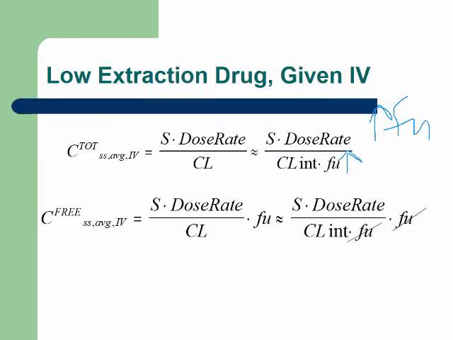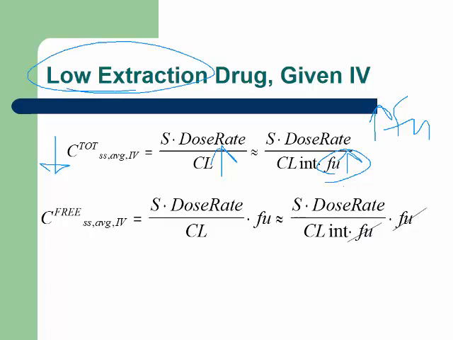So we have an increase in fraction unbound. If there's an increase in fraction unbound, what's that going to do? That's going to increase our clearance, and therefore we're going to have a decrease in our total concentration if given IV for this low extraction drug.